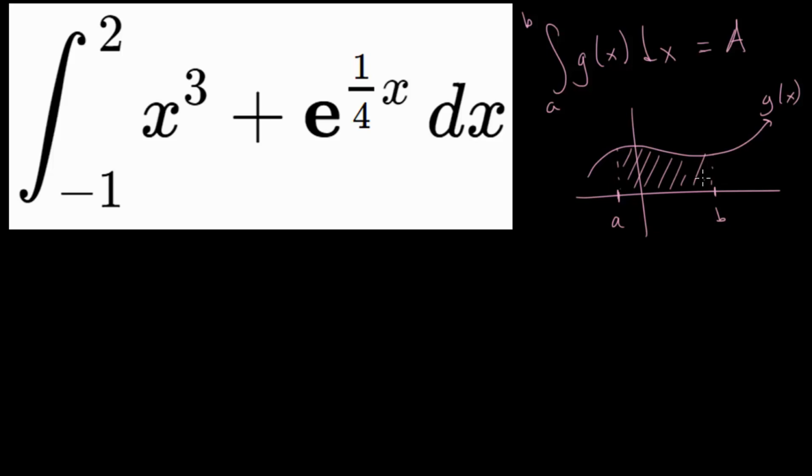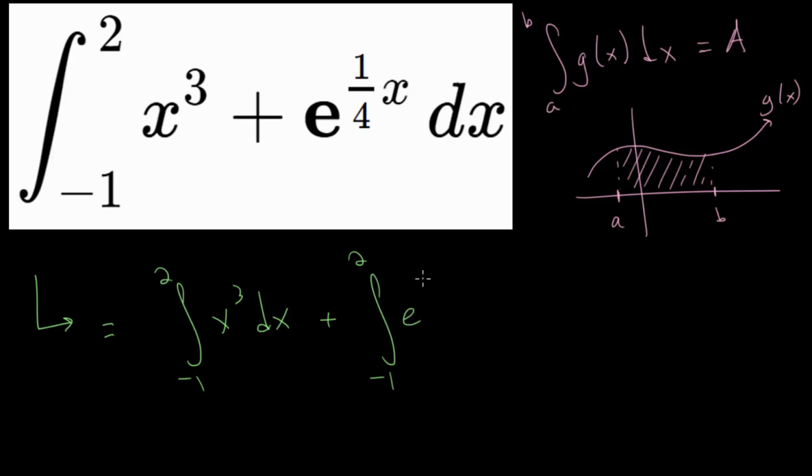So this definite integral is just calculating the area of a region just like this. We could look at the graph of this function and the bounds to get a better visual of what's happening, but this is the general idea.